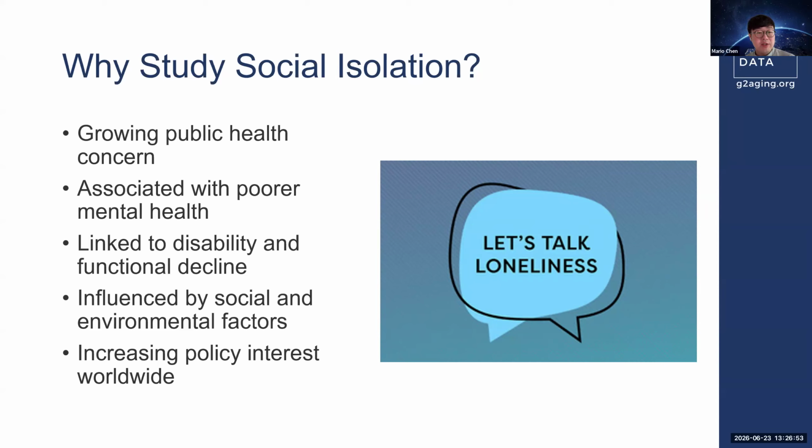Social isolation is shaped not only by personal characteristics, but also by broader social and environmental contexts, including family structure, neighborhood conditions, and access to community resources. Because many countries are facing similar demographic changes, understanding social isolation from an international perspective has become especially valuable.